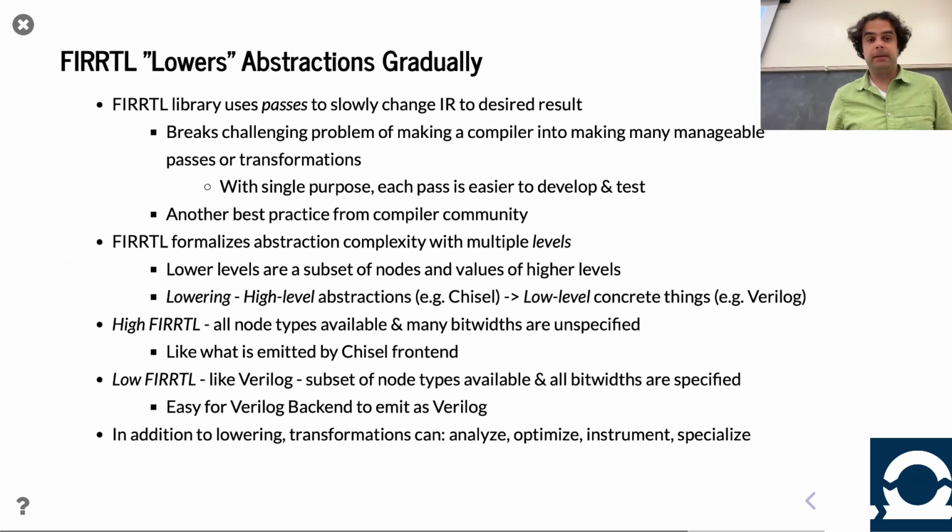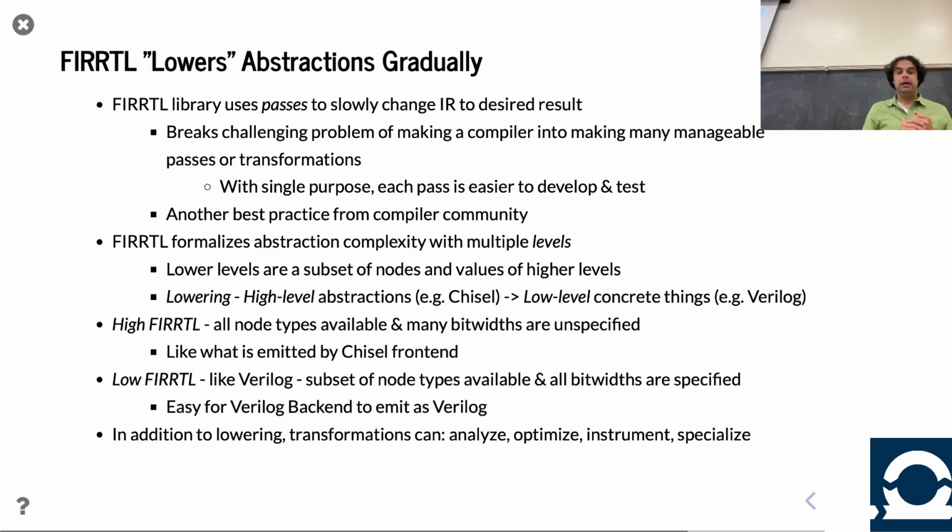Cool. So how does Fertile actually work? The Fertile library takes in this Fertile we just saw and turns it into Verilog. The way it does that is what's called passes. Rather than going all the way from Fertile to Verilog in just one big function, which would be really hard, we want to make this into bite-sized pieces.